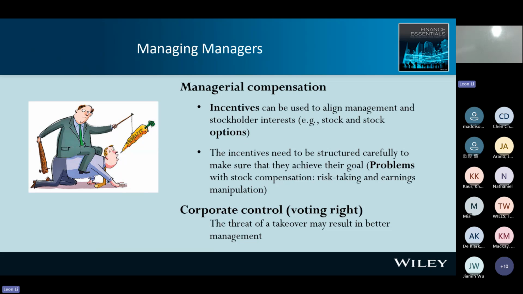We use incentive payment. We don't give managers cash; we give them stock or stock options. This incentive payment can be used to align management and stockholder interests. Their interests will be together.